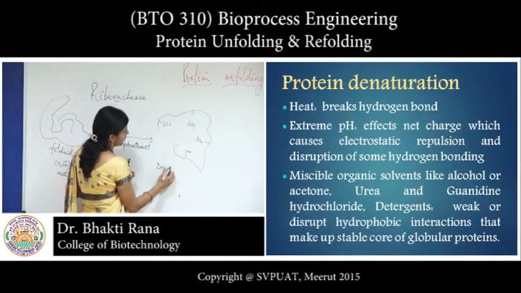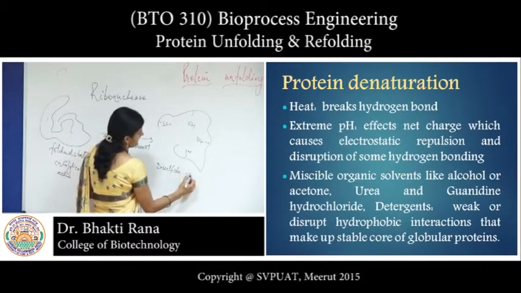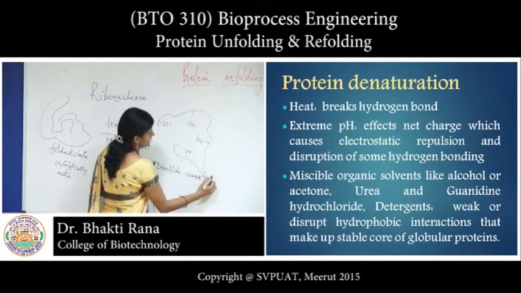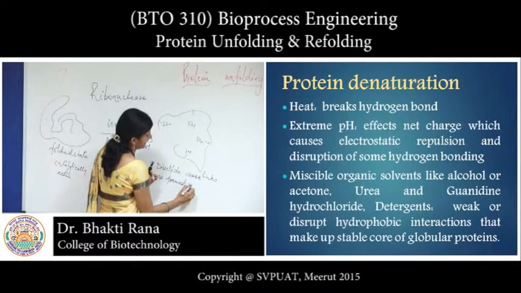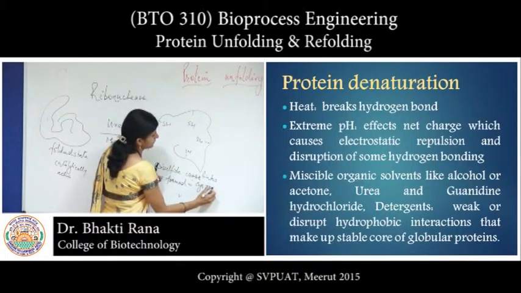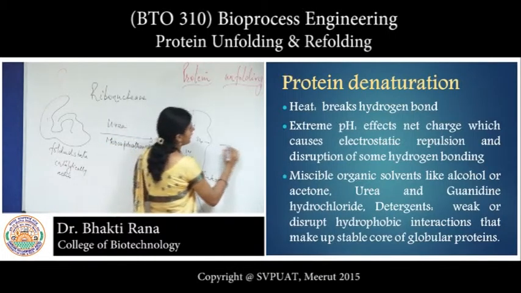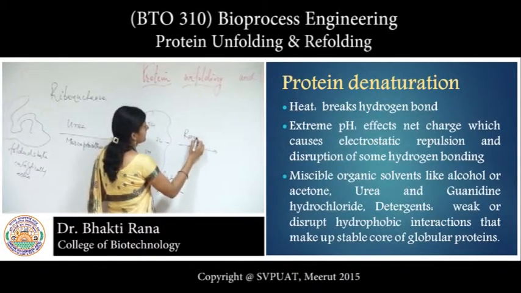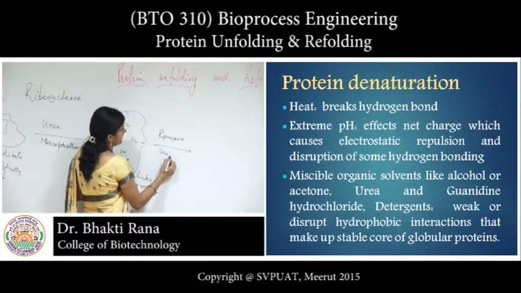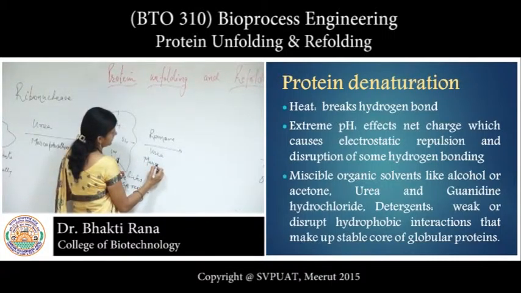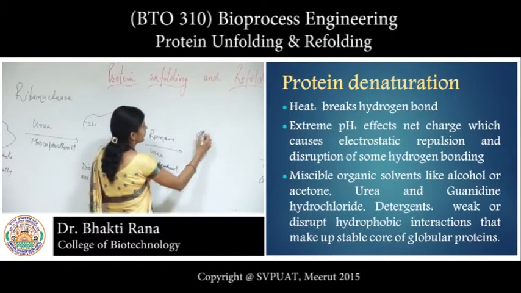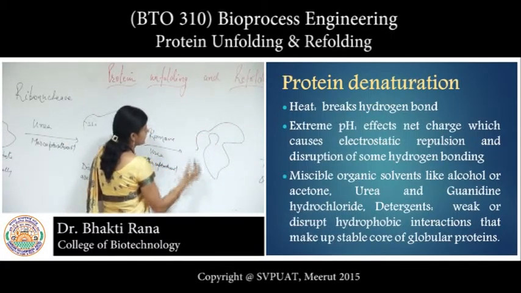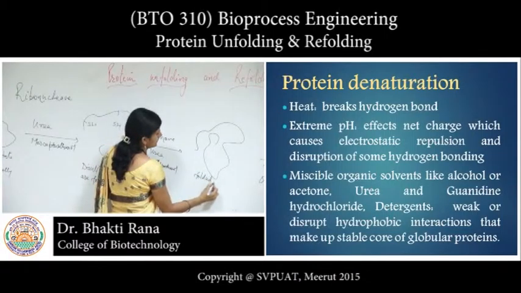Disulfide cross links are formed in cysteine residues, and after that if you just remove urea and mercaptoethanol, it will get into its folded state again, which is the native one.